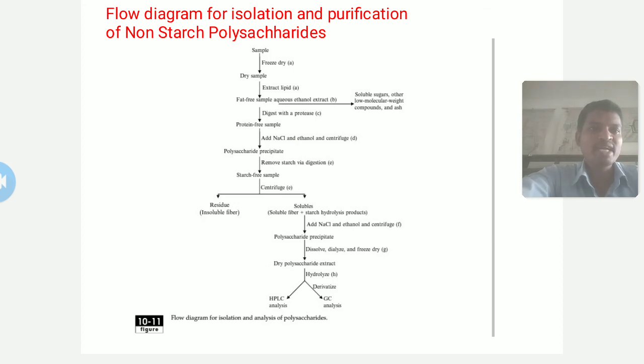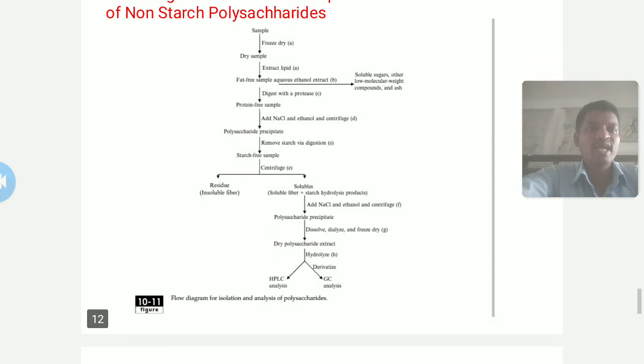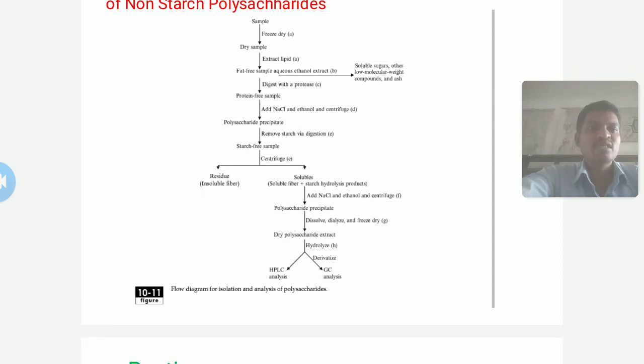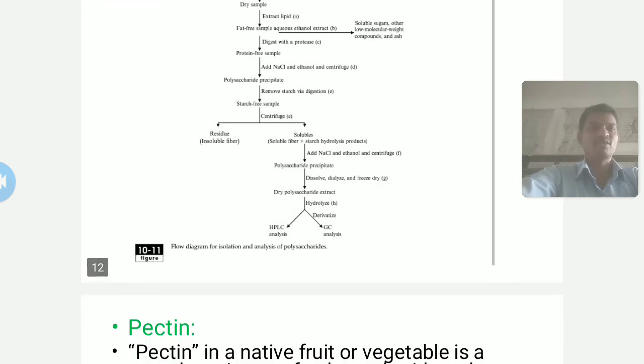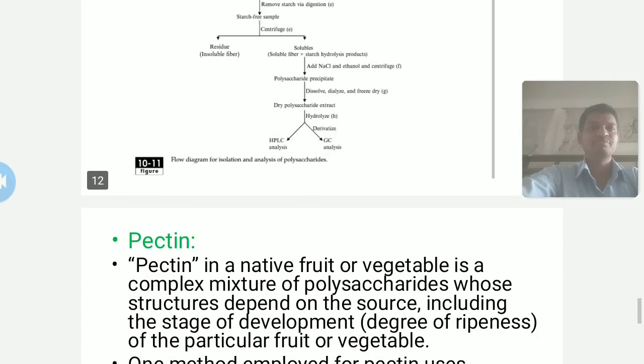Then this dry polysaccharide extract is hydrolyzed. Then after hydrolysis the sample can be estimated using HPLC or GC analysis. Okay, so this is the flow diagram for the estimation of non-starch polysaccharides.